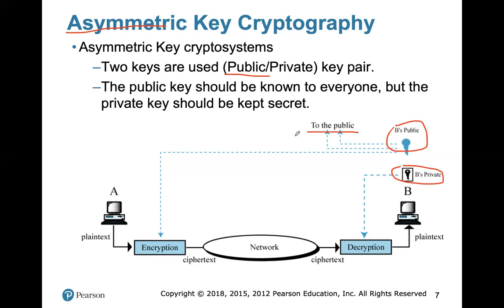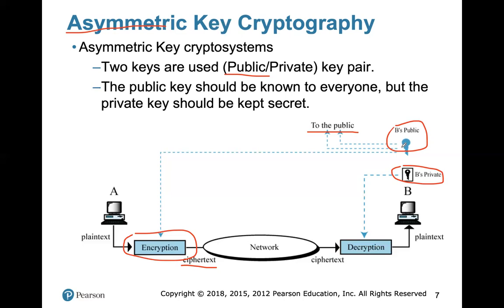Now A is one of them, one of the whole network. A wants to send some encrypted information to B. A uses B's public key to encrypt the text and get the ciphertext. Here, the ciphertext is locked with this key. But based on the nature of these algorithms, the ciphertext cannot be decrypted using the same key.